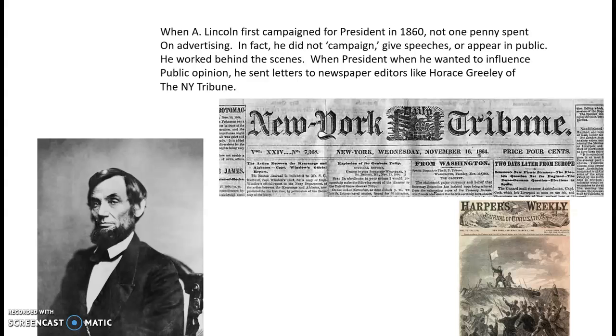And when Lincoln sent a letter with a point of view on something, the Tribune published it first, but it was picked up by newspapers, thousands of newspapers all over the country, so everyone in every city could read it. And they were usually printed up on handbills, too, these letters or speeches, and posted in places where people could read them. So Lincoln reached out to the public through the editorial side, not the earned side, I should say, not the paid side of newspapers.